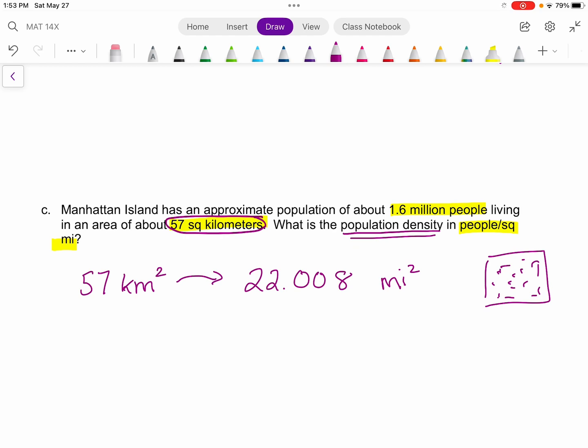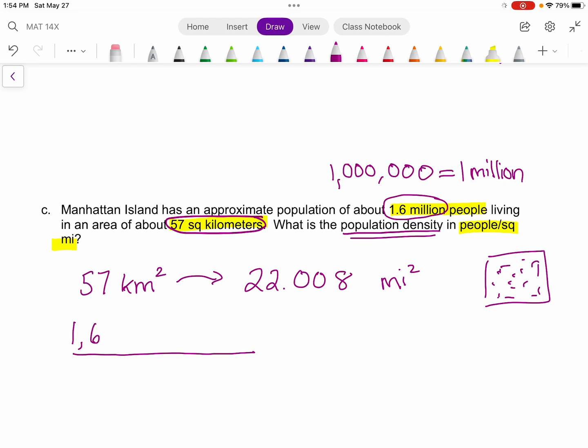So I'm going to take my people. Now, notice it's written like this, 1.6 million. So we need to actually turn that into a number that we can put in our calculator. And so 1 million would be 1 followed by 6 zeros. So 1.6 million would be 1, comma 6, but then actually 5 zeros.